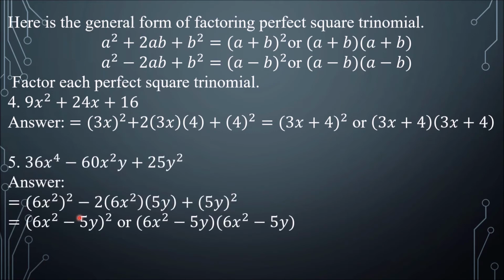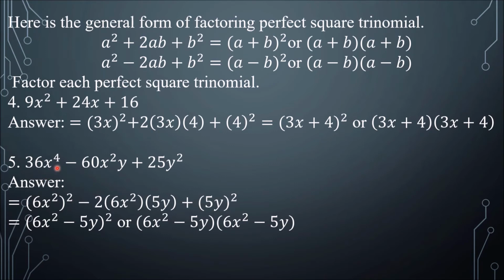Next, number 5, 36x raised to the 4th power minus 60x squared y plus 25y squared. Here in this example, we need to consider first the first term. 36x raised to the 4th is (6x squared) squared. Take note, 6 squared is 36, and (x squared) squared is x raised to the 4th.